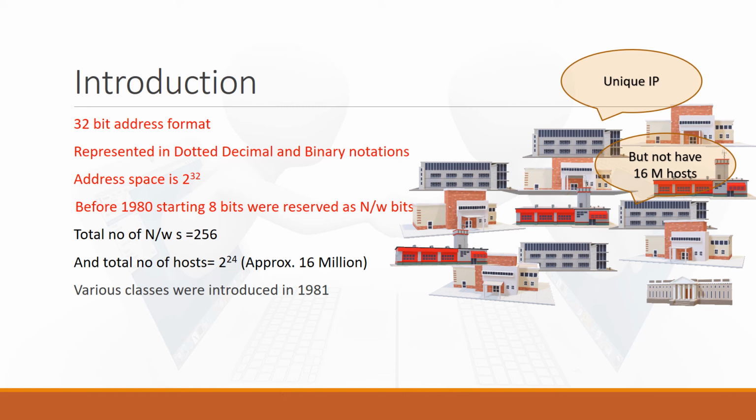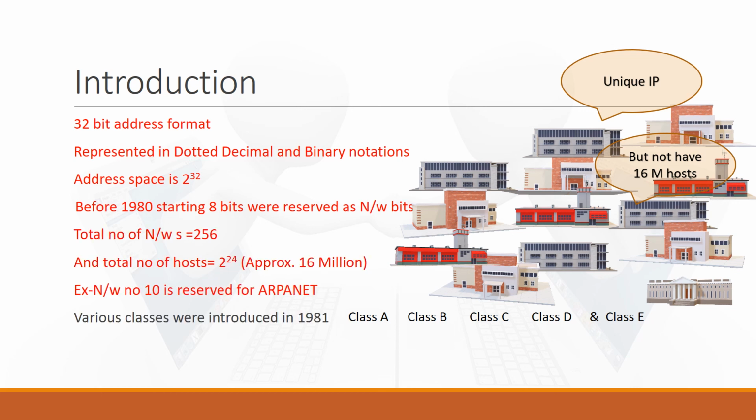Based on three different network sizes, three classes were introduced which provide unicast addresses, and these classes are class A, class B and class C. Class D was introduced for multicasting and class E was reserved for future or research purposes related to military and defense. That's all for today's session.